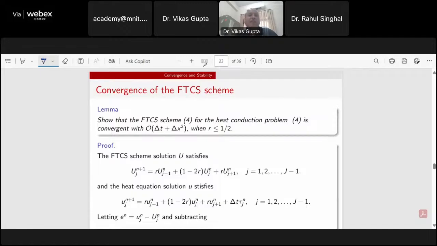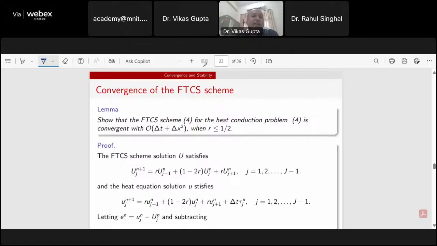Now next, we will show the convergence of the FTCS scheme. Here we will show that the FTCS scheme for the heat conduction problem is convergent with order delta t plus delta x squared, provided r is less than or equal to 1 by 2.